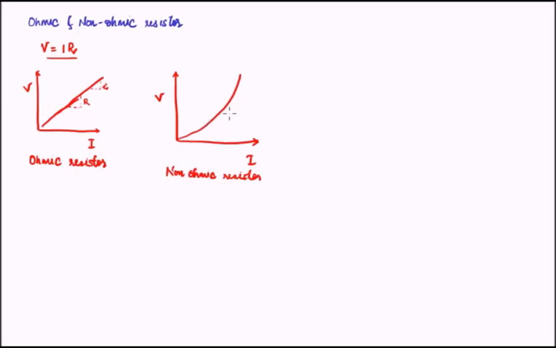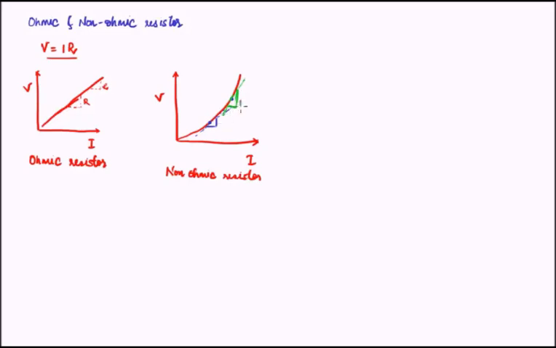As a result, the resistance basically depends on where we are measuring, at what current we are and at what voltage we are. Suppose we are at this position, then the resistance under that situation will be given by the tangent at that position. So this will be the resistance here. If we were to measure the resistance over here, then we would get a tangent at that point, and that would mean a resistance of this much.